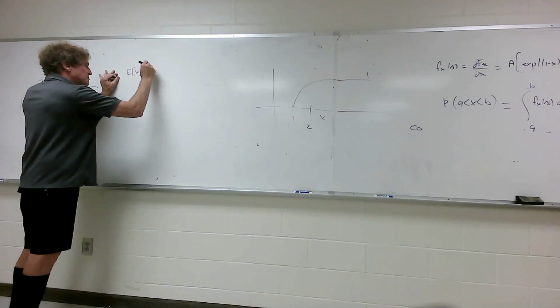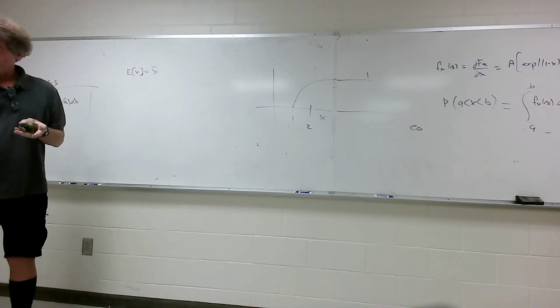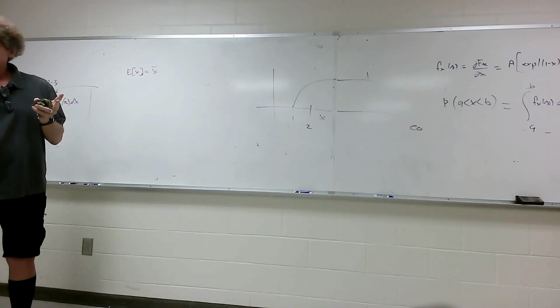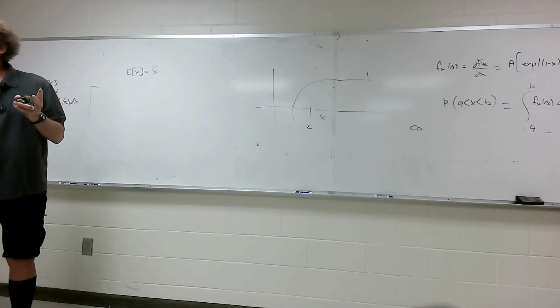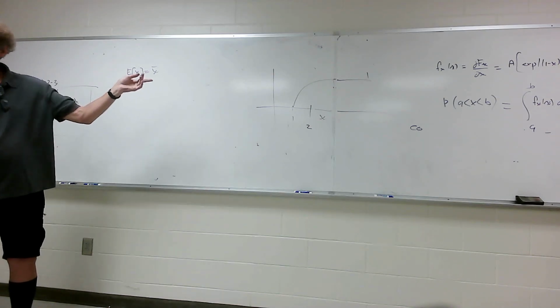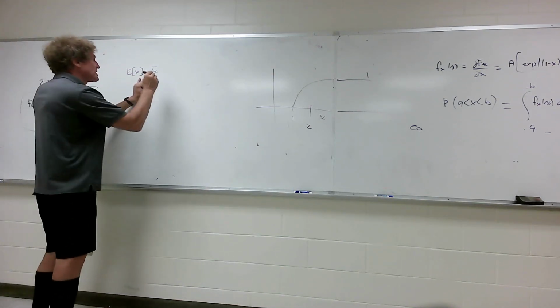Well, that is x bar, the average value. I'm doing it just for this problem. I think this occurs later in problems 3.2, 3.3, 3.4. You're going to see all these kinds of questions come up, but it's natural to do it right now.